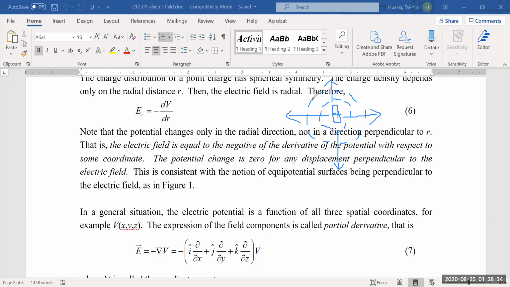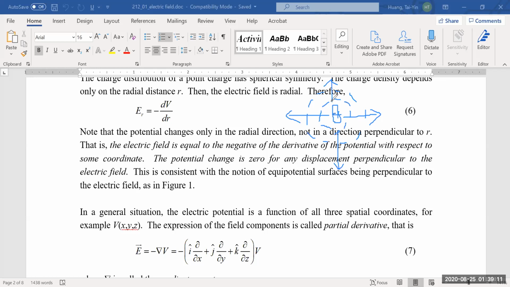Let's say you use a voltmeter to measure the potential on this one, and you measure 1 volt. Then every point with the same radius will measure the same value, which is 1 volt. If you measure the potential on the circle with a smaller radius, because it's closer to the source, you would expect a larger value.